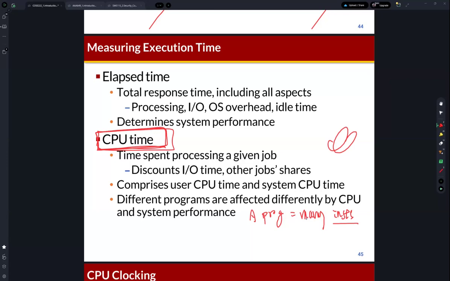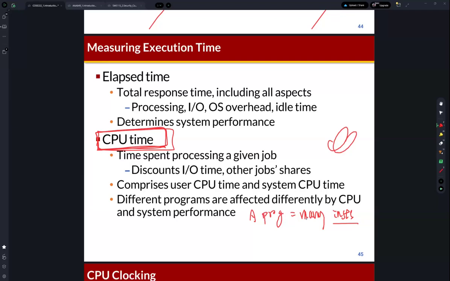Now, to run a program, the CPU executes many instructions generated from a program. So if a CPU can execute more instructions per unit time, obviously the performance of the CPU is high, right?